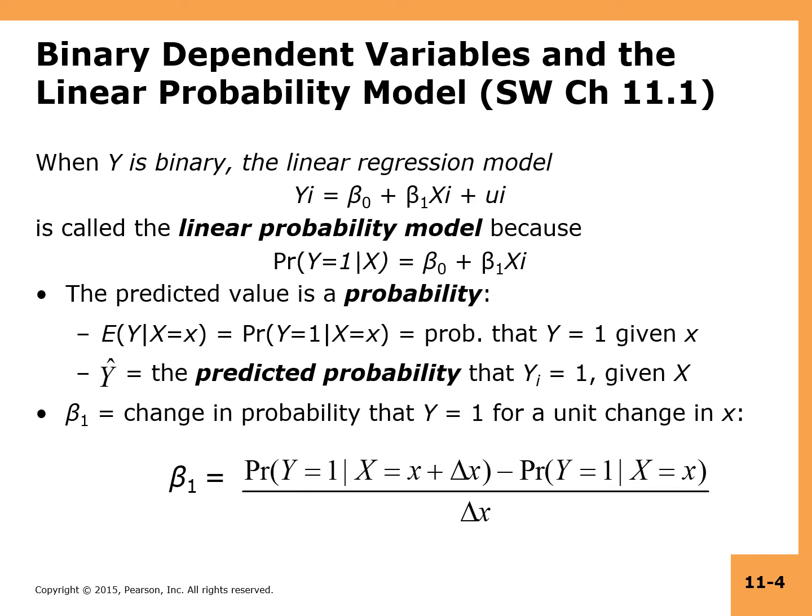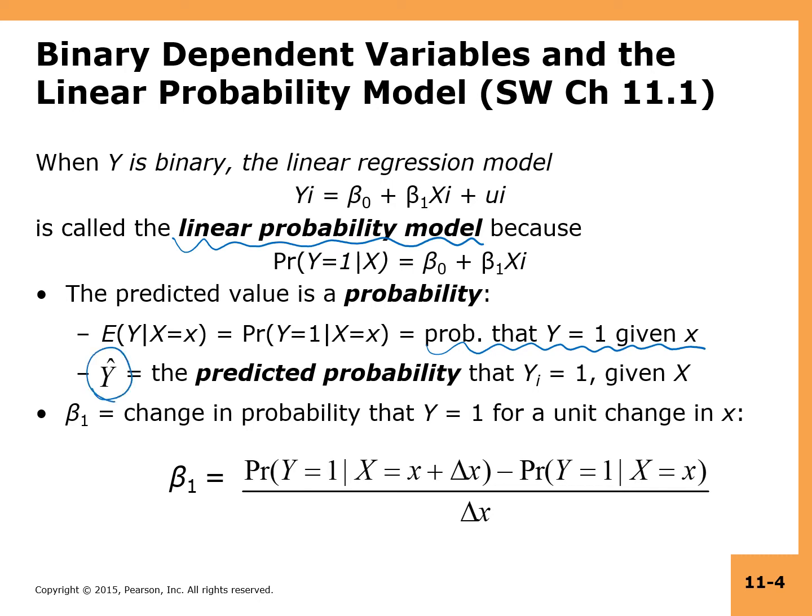Because our dependent variable y is binary, when we conduct the linear regression, this is called a linear probability model. It's a linear probability model because what we're estimating is the probability that y is equal to 1 given x. In our example, we're trying to estimate the probability of an applicant being denied given all these characteristics.